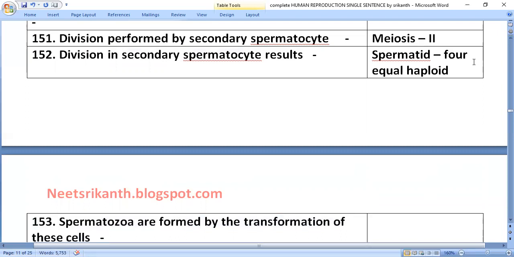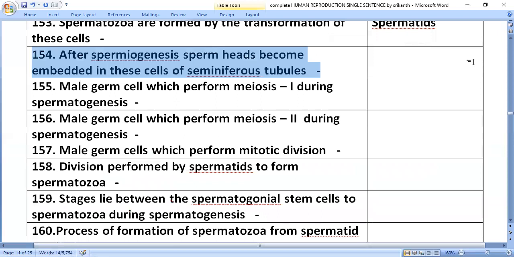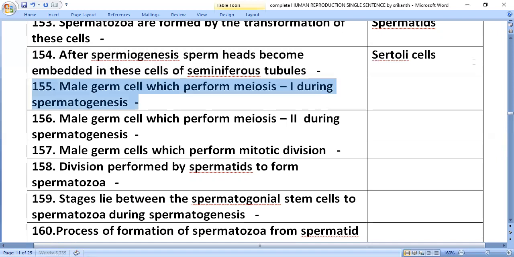Spermatozoa are formed by the transformation of these cells, spermatids. After spermiogenesis, sperm heads become embedded in these cells of seminiferous tubule, Sertoli cells.